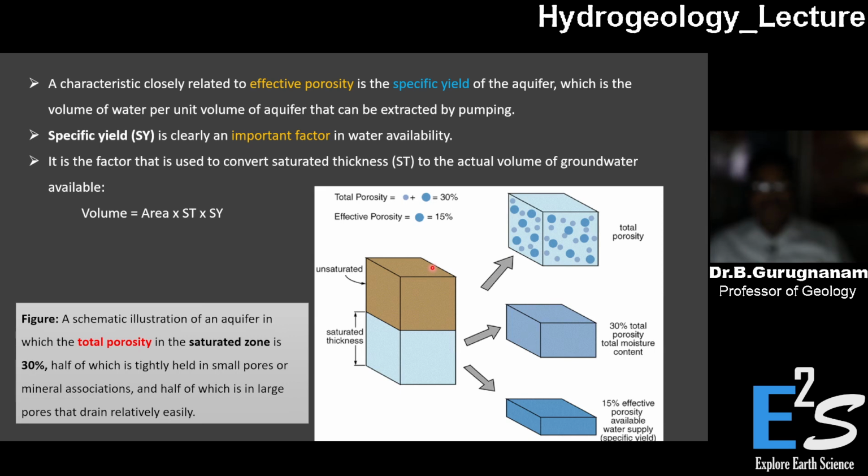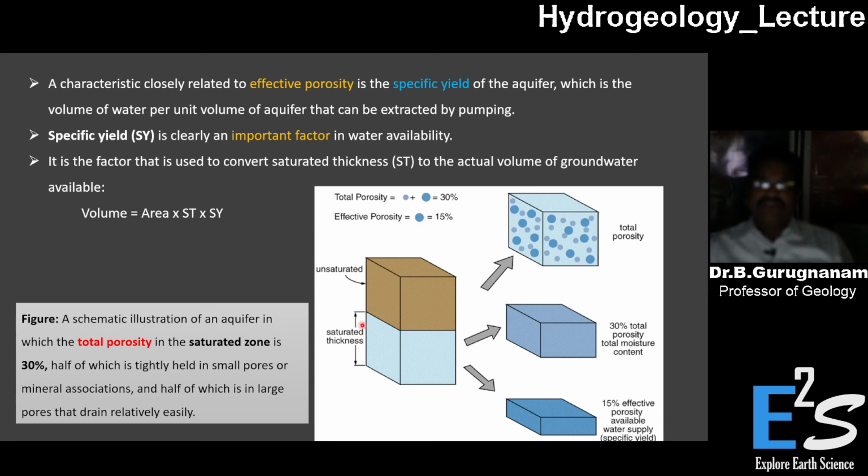The diagram is a schematic illustration of an aquifer, in which the total porosity in the saturated zone is 30%, half of which is tightly held in small pores or mineral associations. And total porosity is calculated like this: the total porosity is equal to a small amount plus a bigger amount, 30%. Effective porosity, if you calculate, take only the 15%.